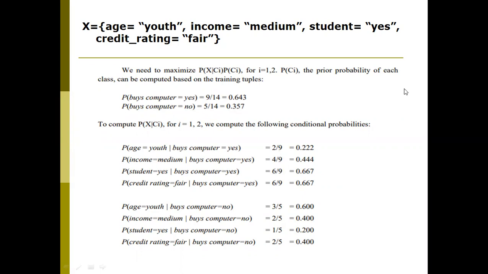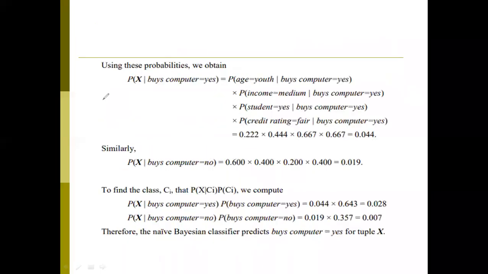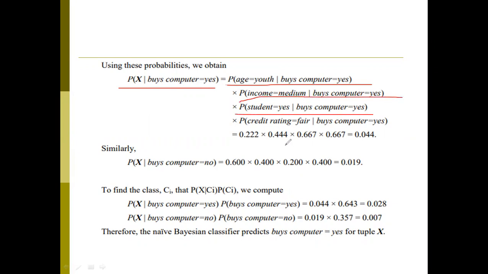Now we can calculate P of X given buys computer yes, that is P of age equal to youth given buys computer yes, P of income equal to medium given buys computer yes, P of student equal to yes given buys computer yes, P of credit rating fair given buys computer yes.